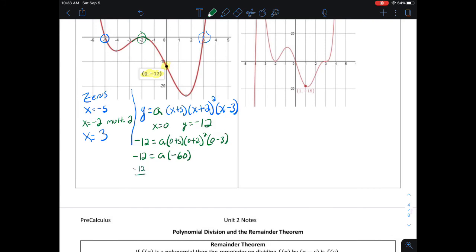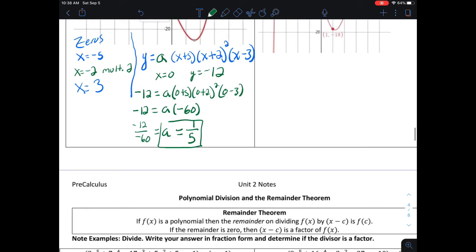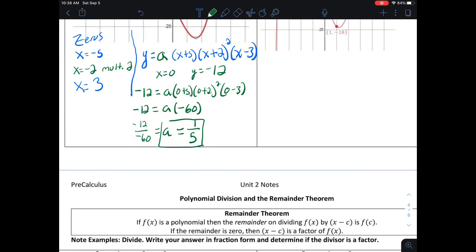So -12 over -60 is a, and then I can reduce that to 1/5. So I got a. So my equation here for this polynomial would be y equals 1/5 times x plus 5 times x plus 2 squared times x minus 3.